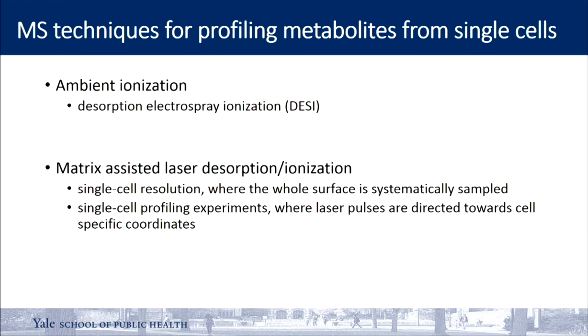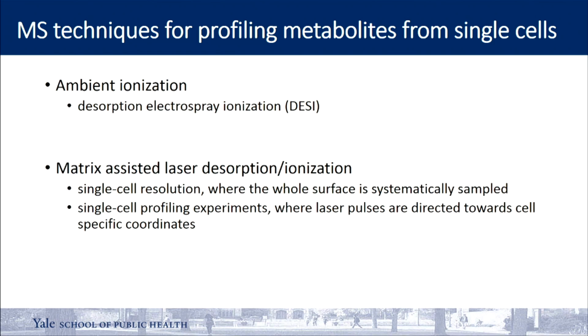So the techniques that they have, I'm going to go very briefly over that. This is, of course, classic mass spectrometry, the ambient ionization, which is desorption electrospray ionization, called DESI, and I'll show you some of the recent advances that they have in there.